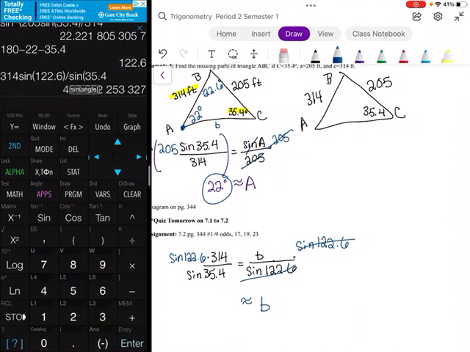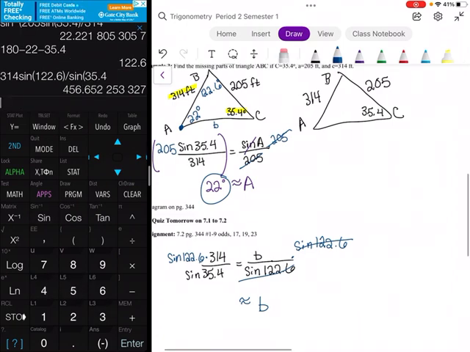And we do get about 456.7 in our first triangle. Now we can go ahead and solve for our second triangle.